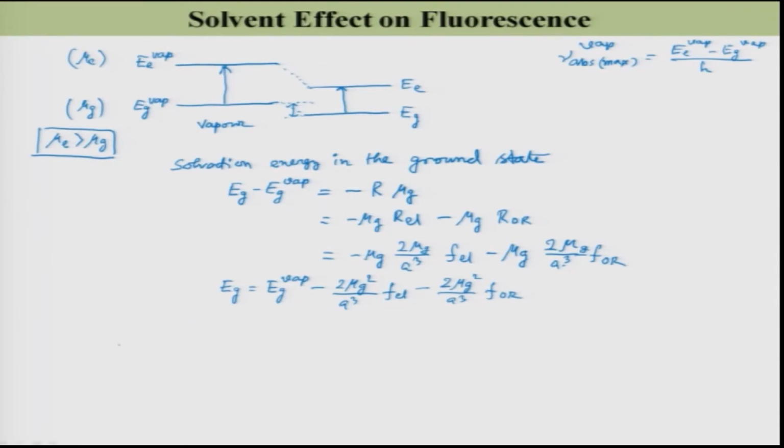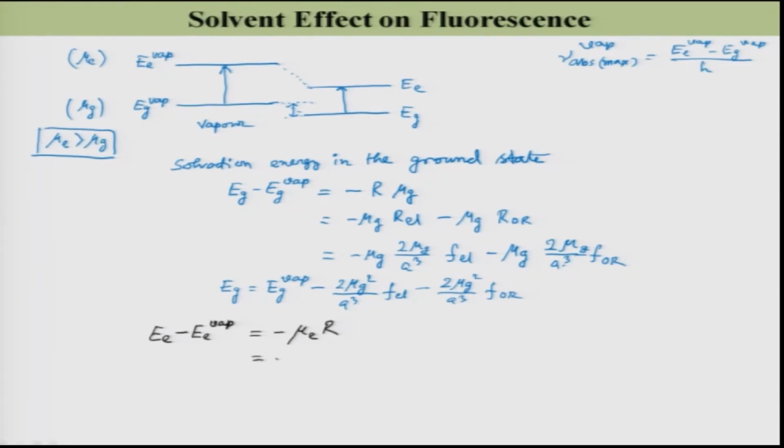So, I can write similarly, E_E minus E_E vapor is equal to minus mu into R, but in this case that mu is mu_E, the excited state dipole moment of this molecule. So, mu_E into R, right.